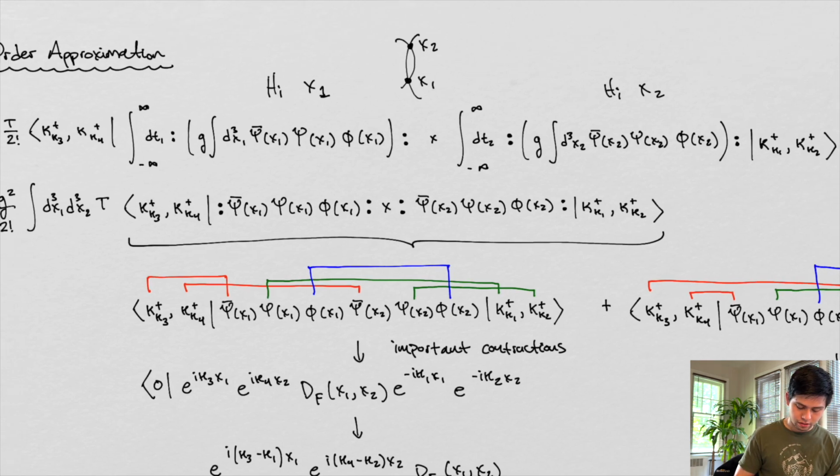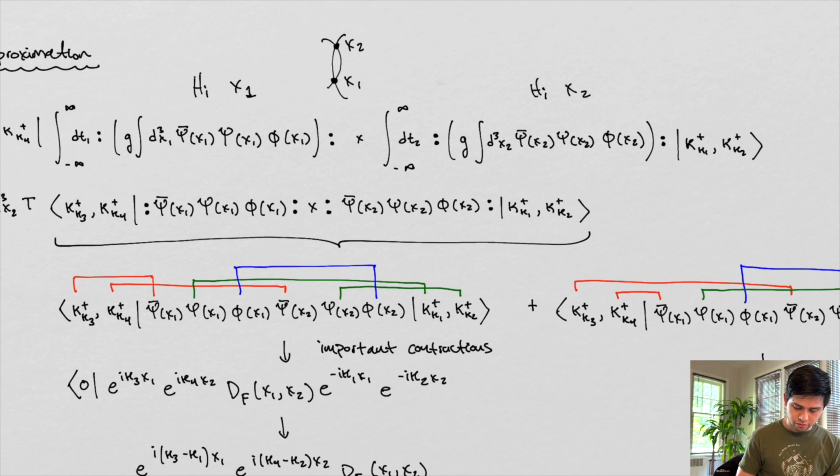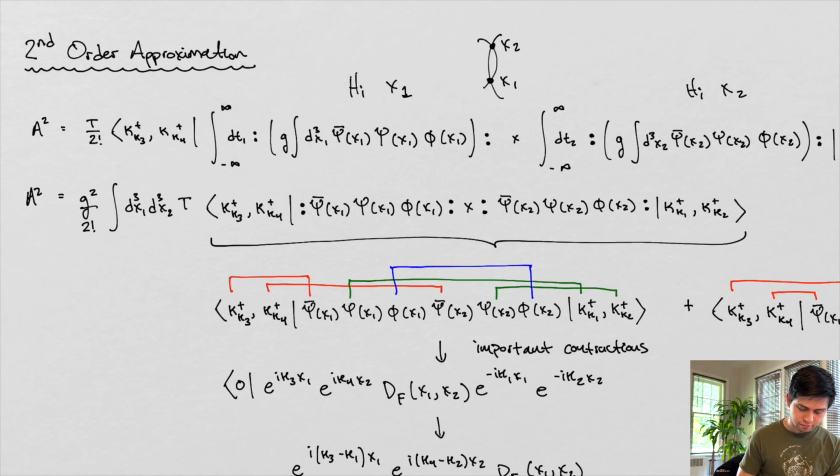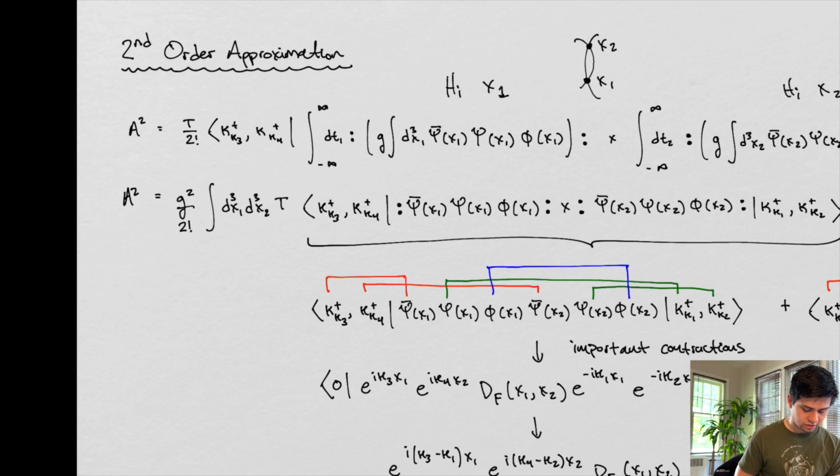Okay, and we can see here, again, here's our initial state. We go through one space-time point, we go through another space-time point, and we end up at our final configuration with some constants out here.